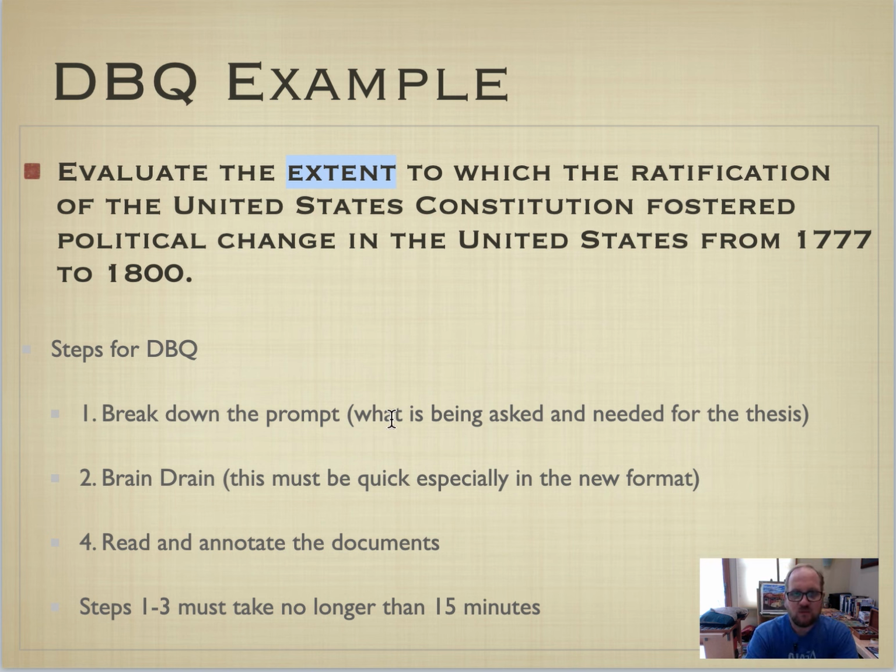And also we want to see reasoning in your thesis too. Brain drain: first thing you do is take a minute to come up with new information, some material outside the documents that could be on this. Then you read and annotate the documents, and this should take no longer than 15 minutes. Hopefully, in the 2020 DBQ, it would take about 10 minutes or so.